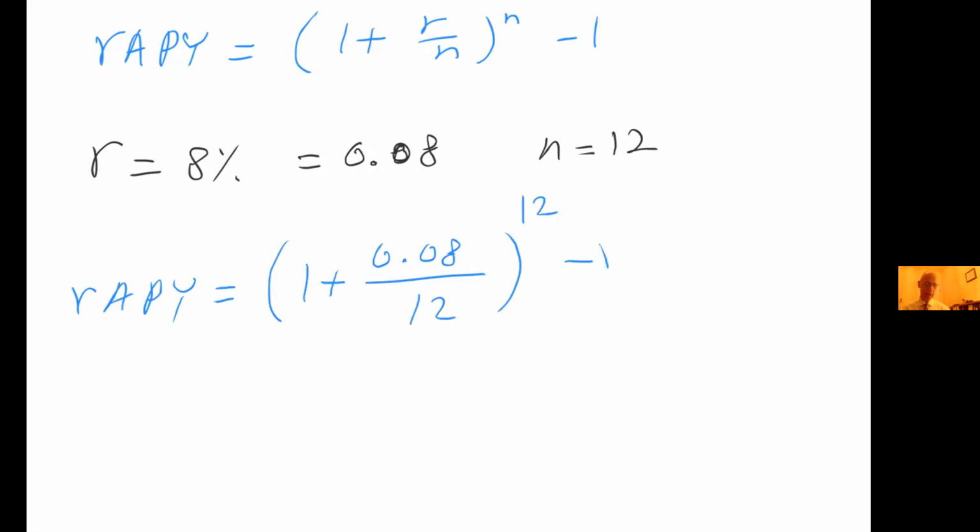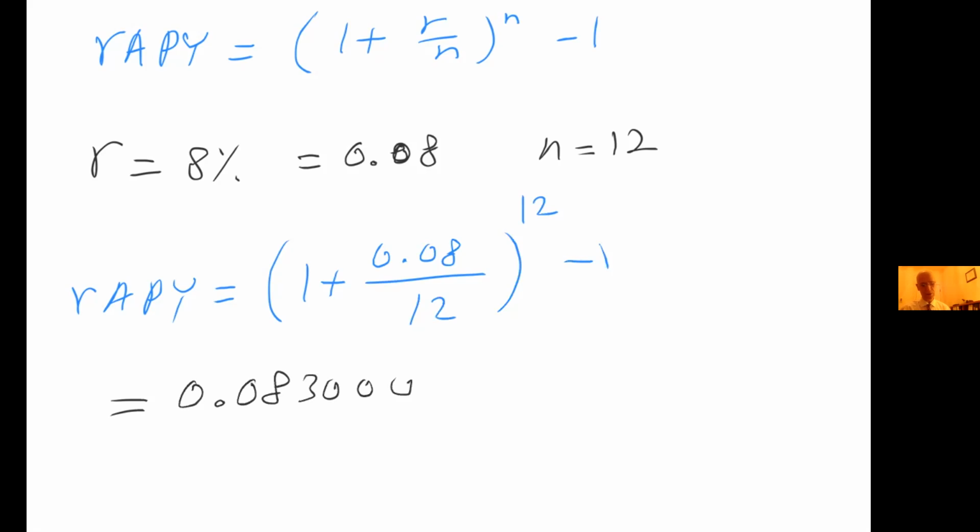Let me just grab my calculator. Parenthesis 1 plus 0.08 divided by 12, to the power of 12, minus 1. And according to my calculator, I am getting 0.083.